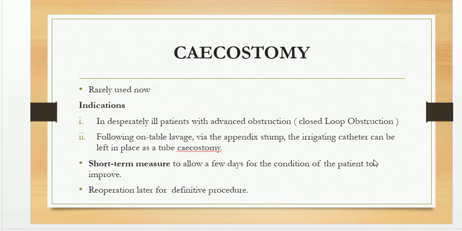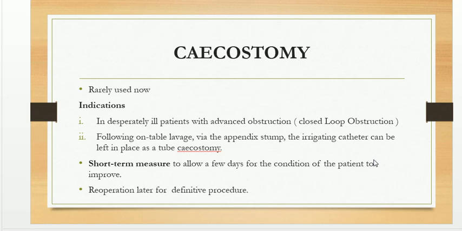Cecostomy is rarely done. That means the opening in the cecum which is brought on the surface is rarely used nowadays. Indication of cecostomy is in desperately ill patients with advanced obstruction, closed loop obstruction. This is one indication.